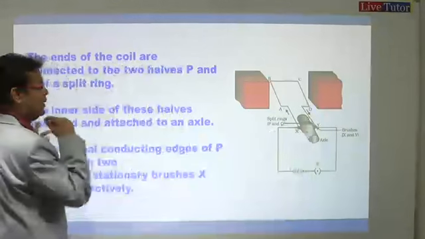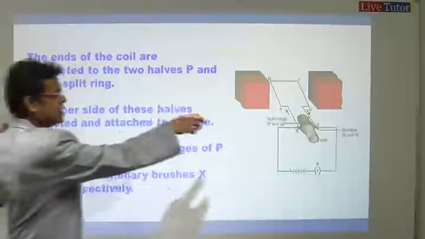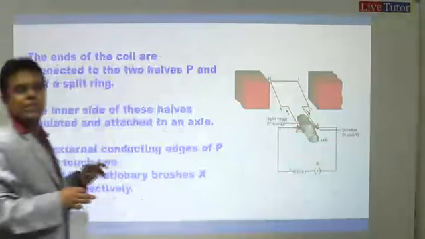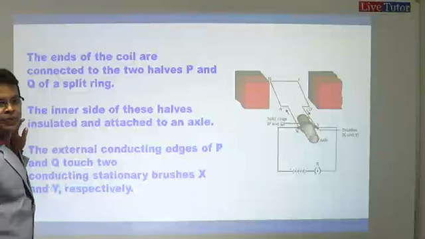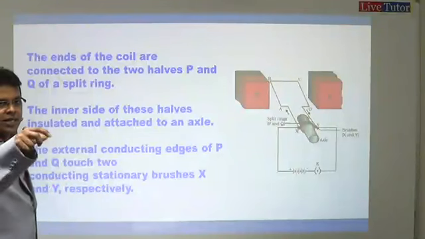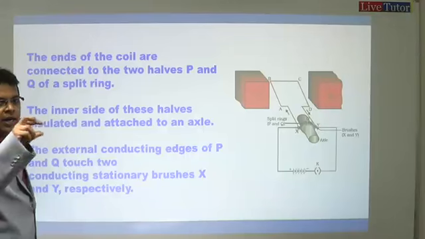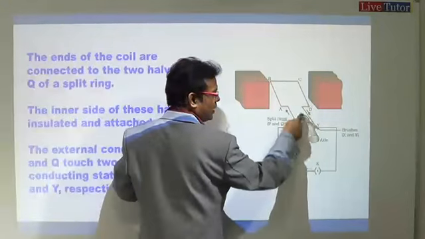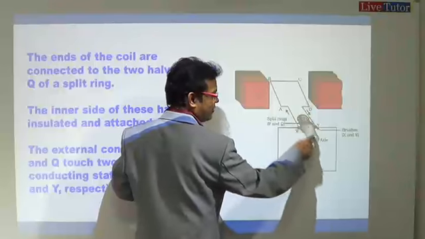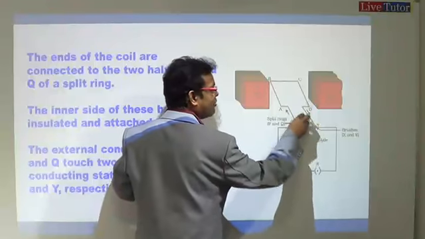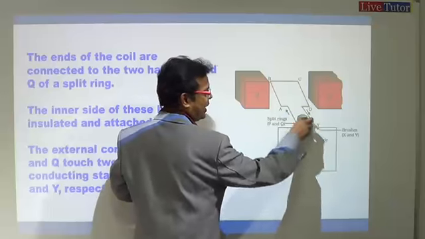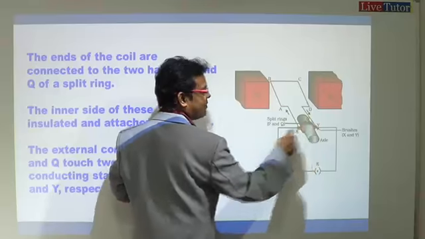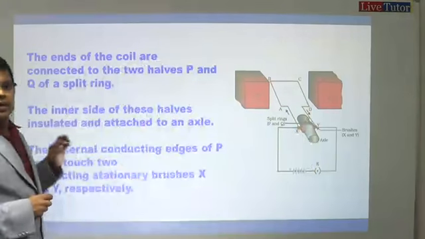So the two ends of this rectangular coil are connected to the two split rings P and Q. The inner sides of these halves are insulated and attached to an axle, which we call the shaft, a rotating rod. They are insulated so that no current will pass through it.